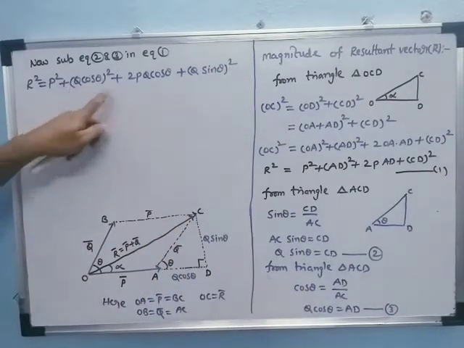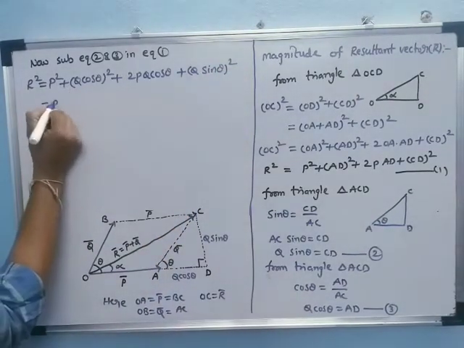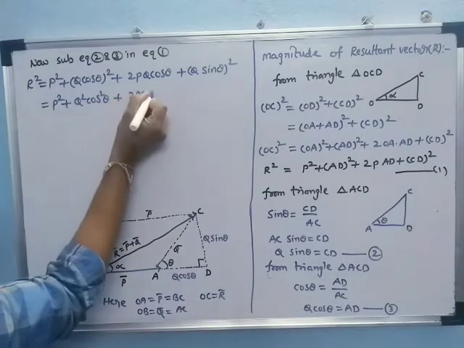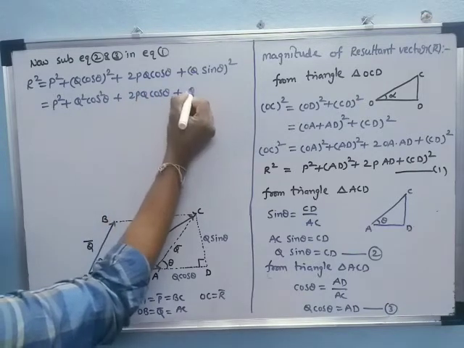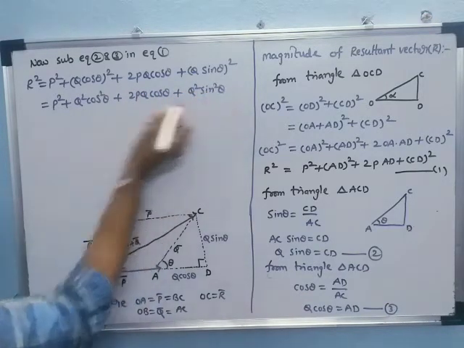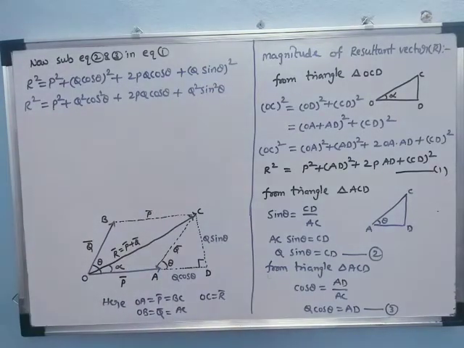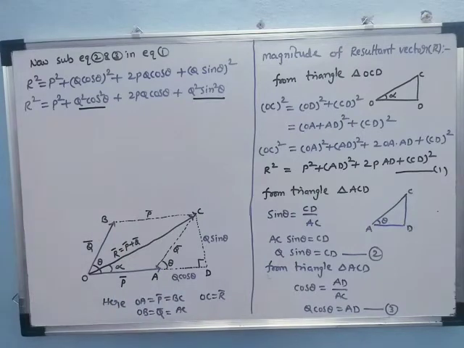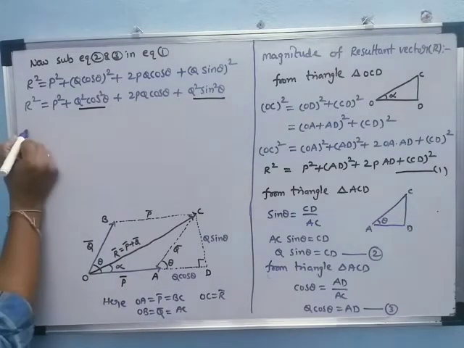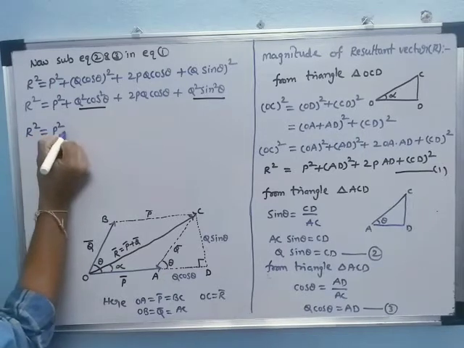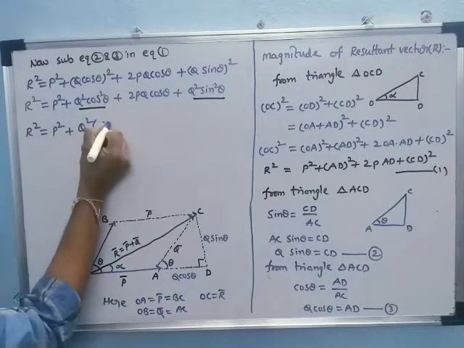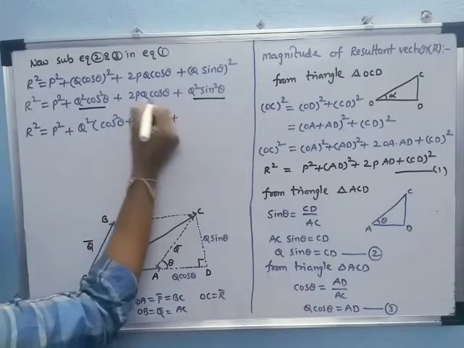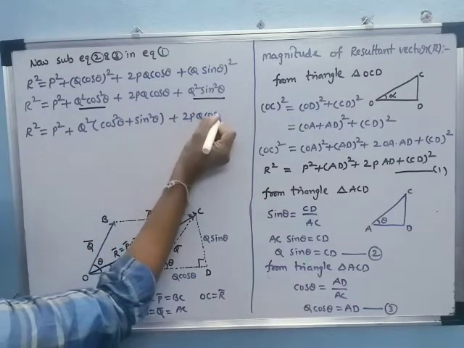Now squaring both terms, we can write P square plus Q square cos square theta plus 2PQ cos theta plus Q square sin square theta. Then we observe Q square cos square theta plus Q square sin square theta. Now take Q square common. Then R square is equal to P square plus Q square, taking common cos square theta plus sin square theta, plus the remaining term 2PQ cos theta.